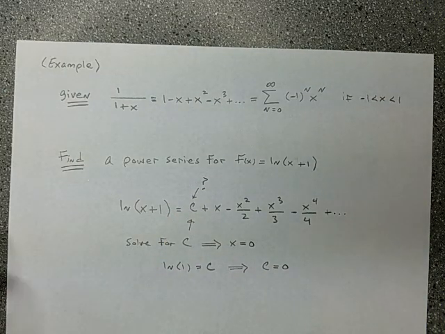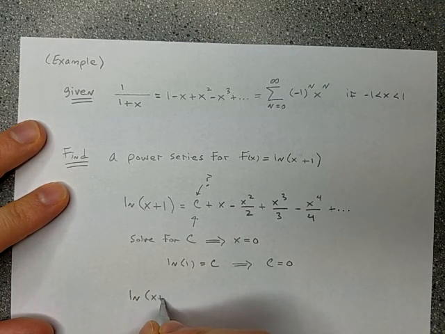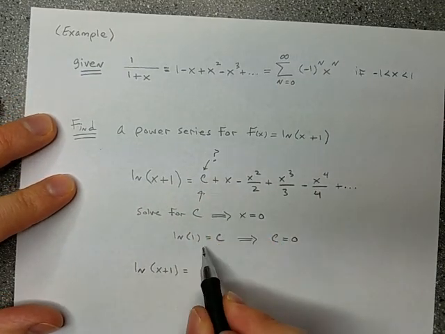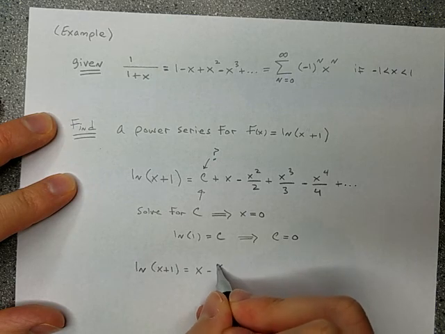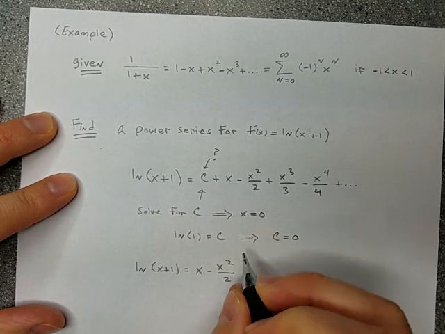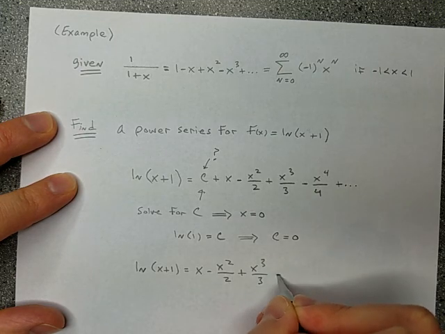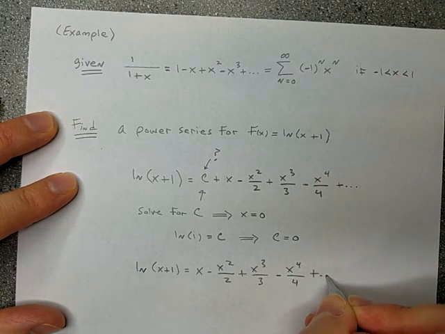All right, so let's take this a little bit further. I now reduce my statement to this. Natural log of x plus 1 is, because we found that constant of integration to be 0, going to be x minus x squared over 2 plus x to the 3rd power over 3 minus x to the 4th power over 4 plus, and it keeps going.